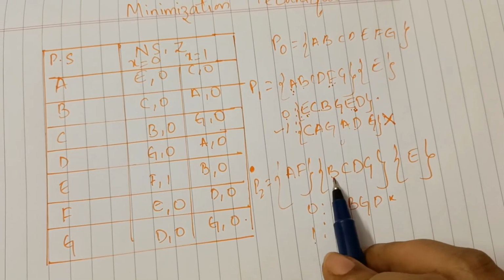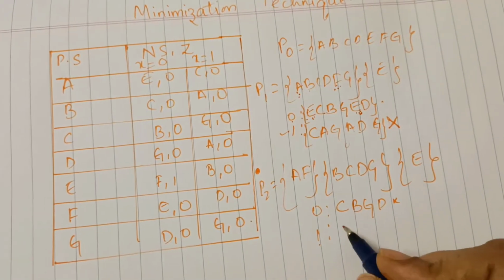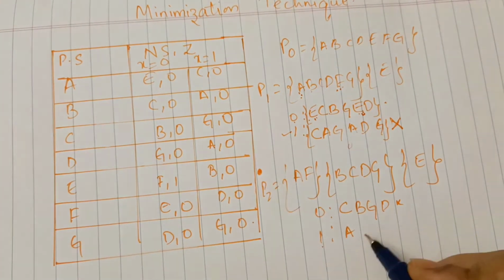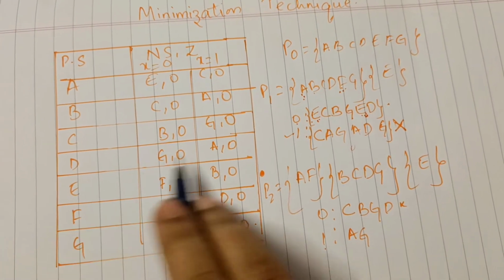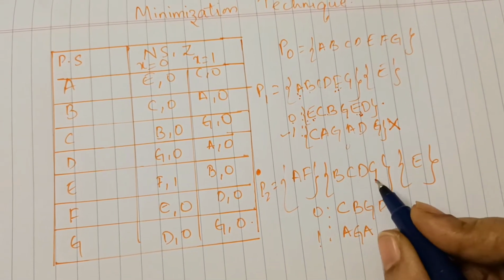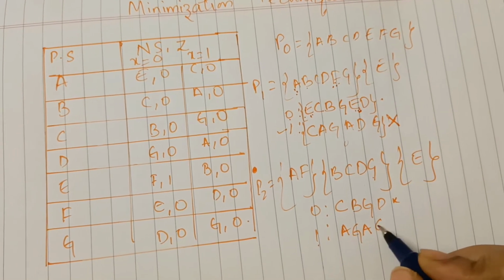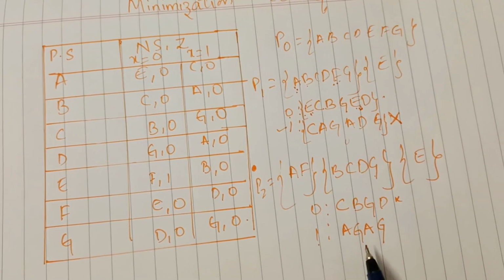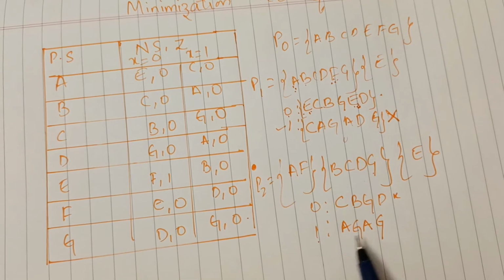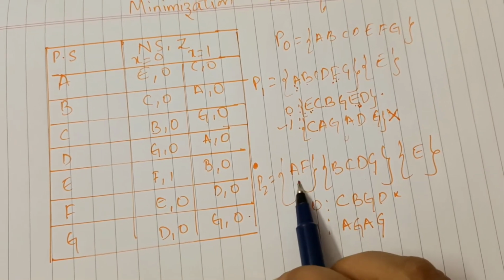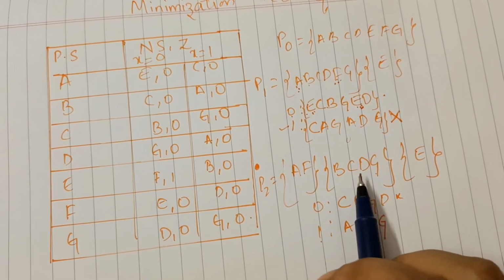For 1, B became A. C became G. D became A. G became G. Now here you see, both the A's are somewhere else, not in this block.